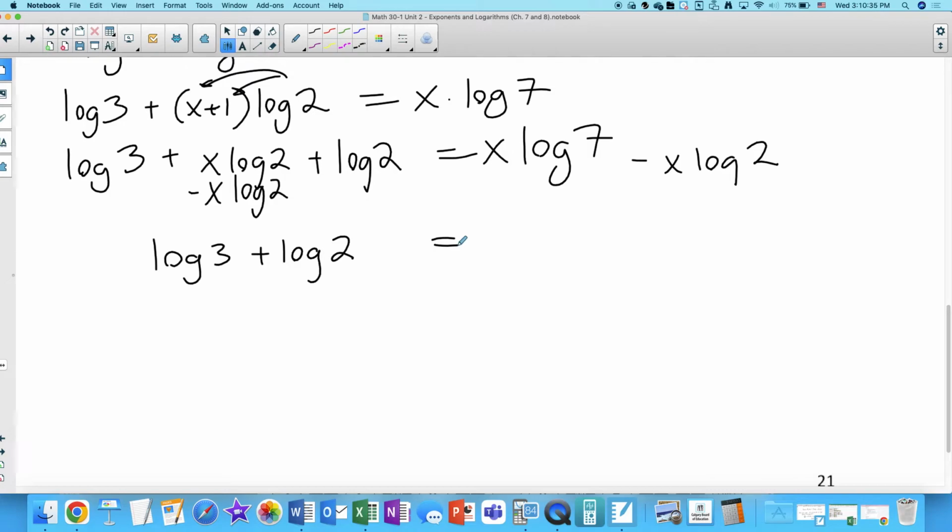And if I factor an x out of here, I'm going to be left with minus log 2. And now I can divide by this number, whatever that is. It's an irrational number.